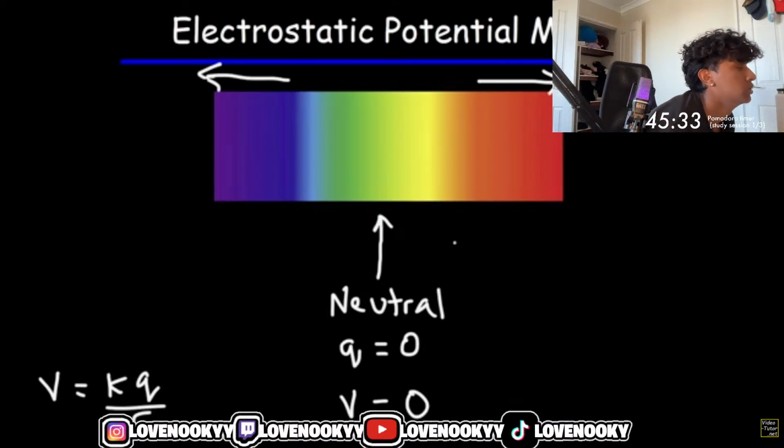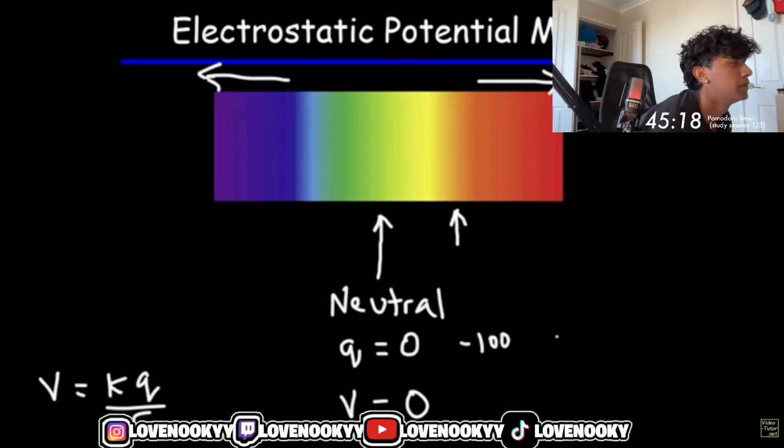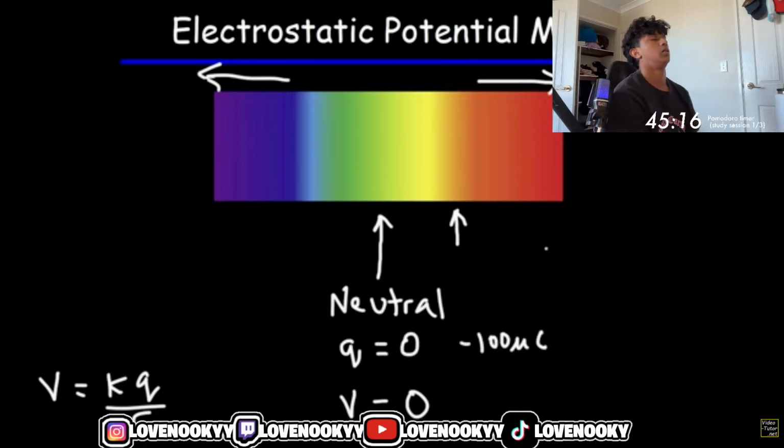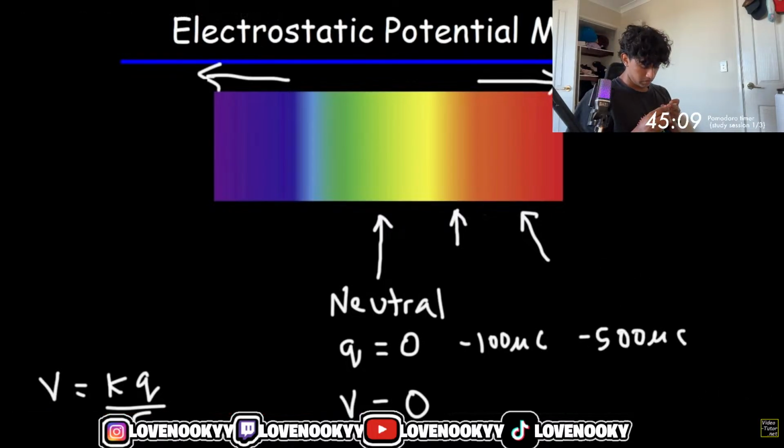it becomes more negative. So Q might be, I'm just going to put a number here, negative 100 microcoulombs. Over here, Q might be negative 500 microcoulombs. So at this point, the potential might be negative 200 volts. Well, let's just say negative 100 volts, just to keep things simple.